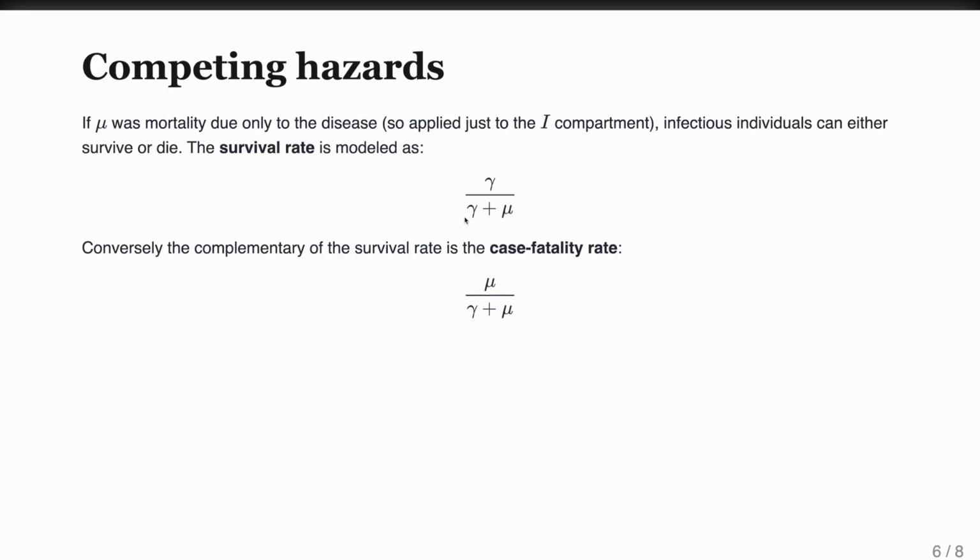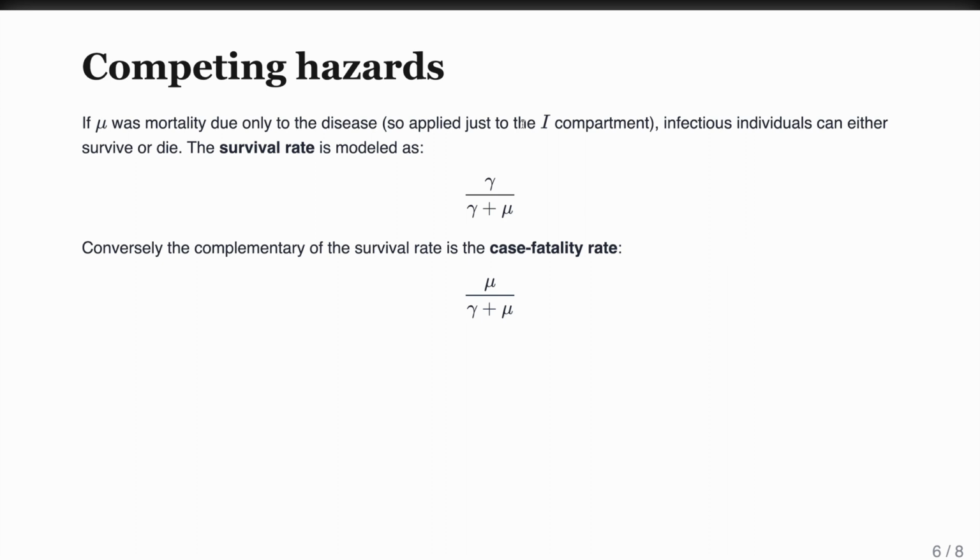One last point about this kind of models: if instead of considering mu as the natural mortality, we consider it as the mortality due to the disease, so it's applied just to the I compartment, we can notice that people have a competing outcome. They may either survive and recover or die from the disease.